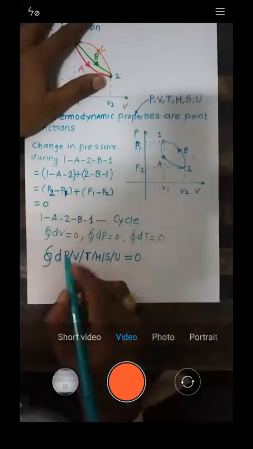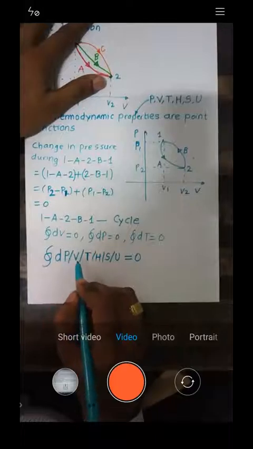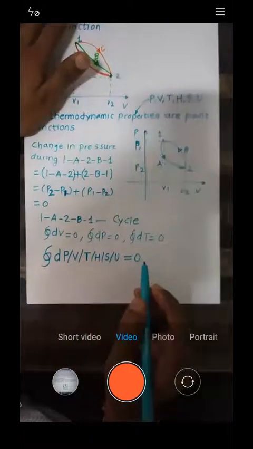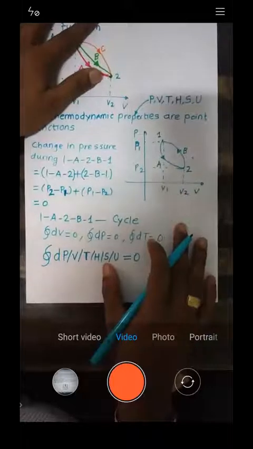It is equal to what? 0. Is that okay or not? So cyclic integral of pressure or volume or temperature or enthalpy or entropy or internal energy is equal to 0 because all are thermodynamic properties.